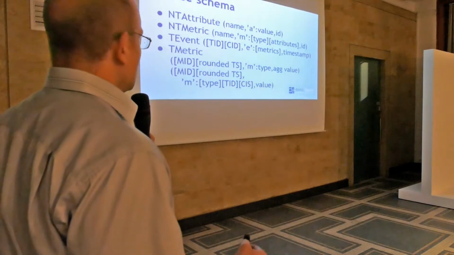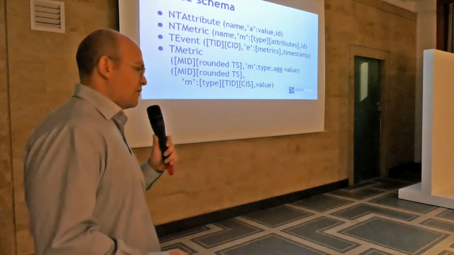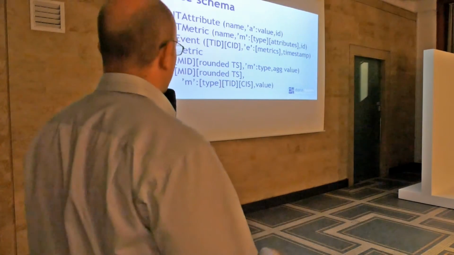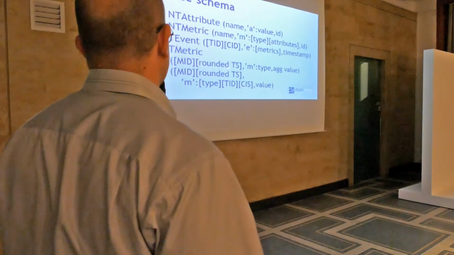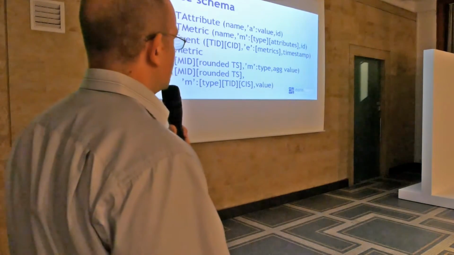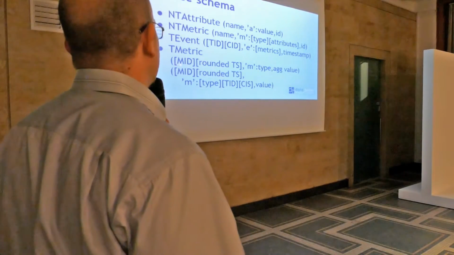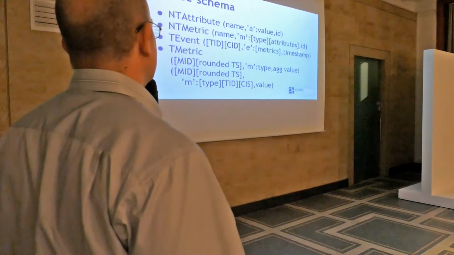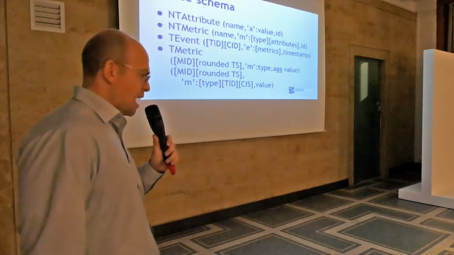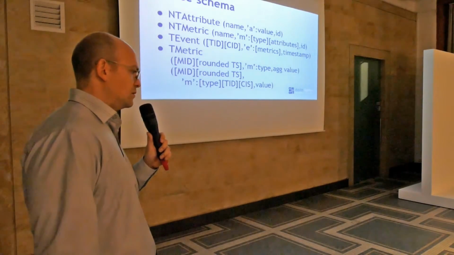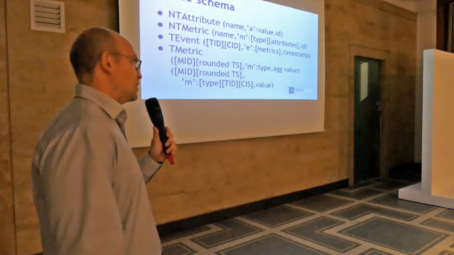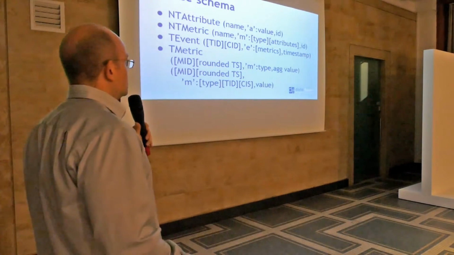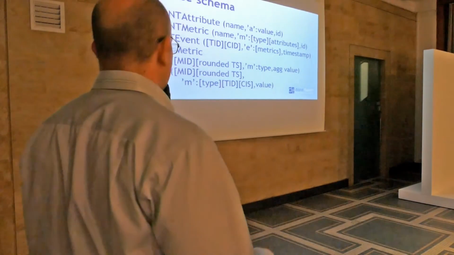There are some tricks. If you have data which is constantly growing, like this one, in order to make this work we put a different ID in front of this table. In practice we have something like 10,000 metrics, between 7 and 10 thousand, and the work was pretty well distributed along the cluster.